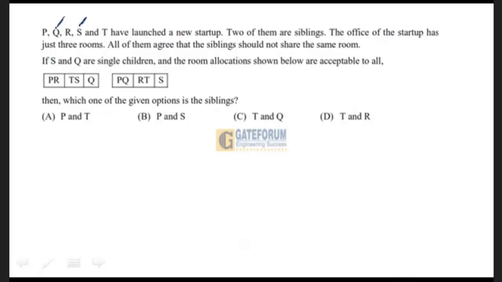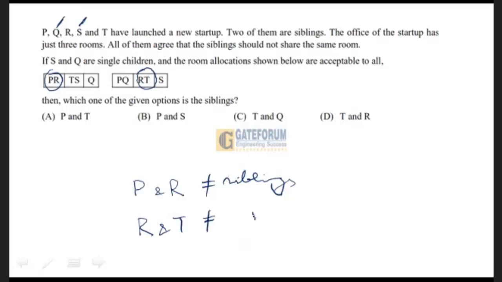So see, first we know that Q and S are definitely not the siblings, so they are already out. Now P and R cannot be the siblings because P and R can be together in one room. Next, R and T cannot be siblings either, because they are in the same room.